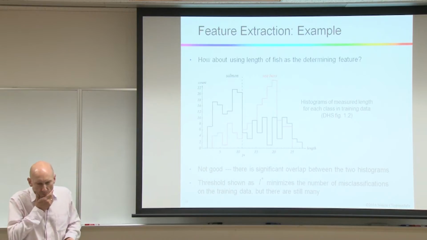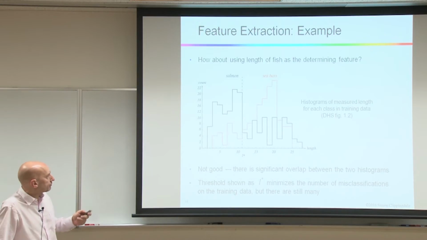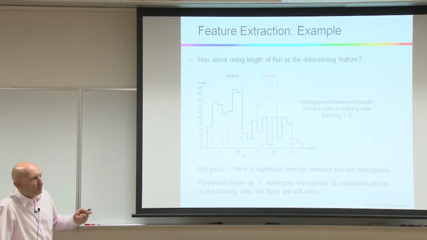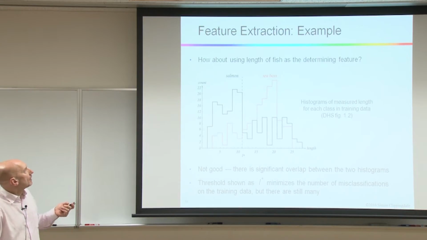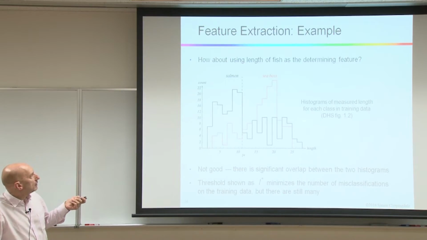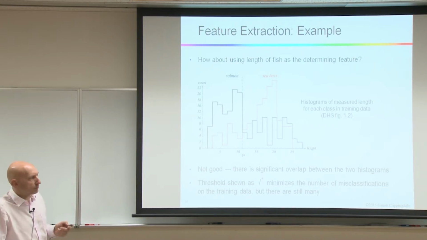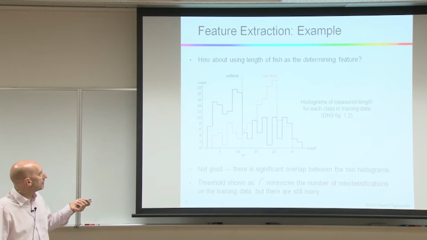Okay, so for example, you could say, well, we could use the length of the fish. It should be a fairly simple feature to measure with a computer vision system. How does that work out? And the answer is not very well. So this is the length of the fish in the image along here, and this is the number of images that fit each of these lengths.